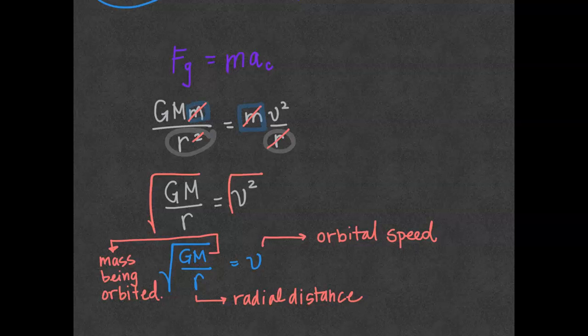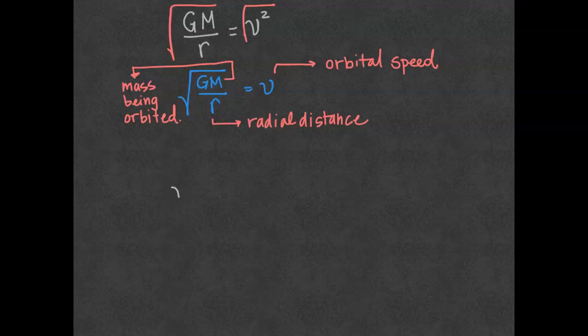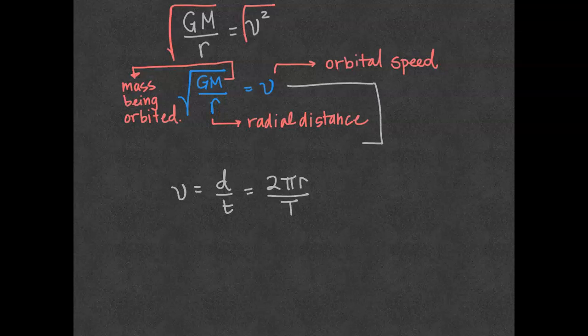Now the object that goes around in a circle travels the circumference. So the Moon travels a circumference or a distance. So if the speed is distance over time, and the distance is the circumference, 2 pi r, and the time for one complete orbit is the period, then I can set this orbital speed equal to the speed of an object moving around in a circle.